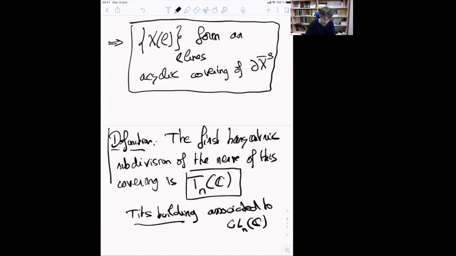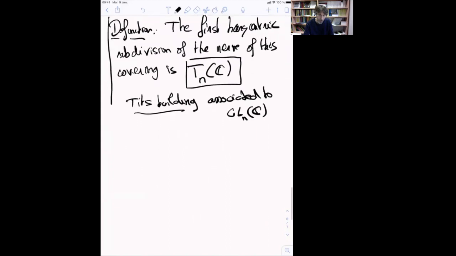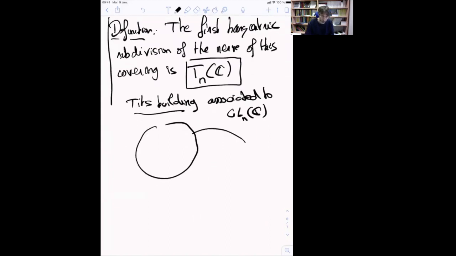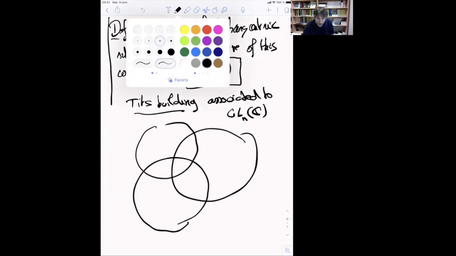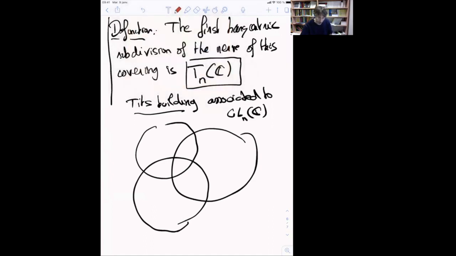So let me explain what it means here. We have a cover of the boundary. For the nerve of this cover, you put a vertex for each member of the cover. So these vertices are associated to lines.